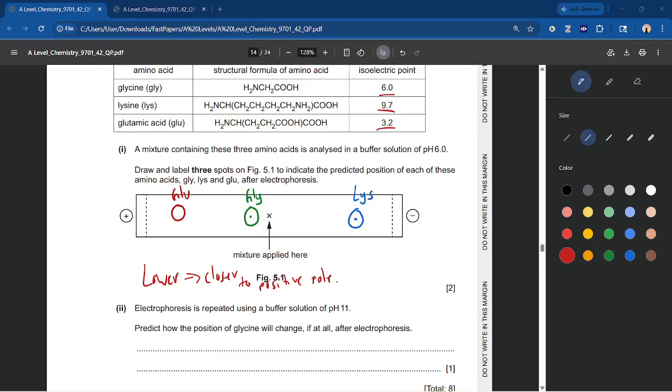So we're going to write down: it will move towards the positive terminal. Nice.